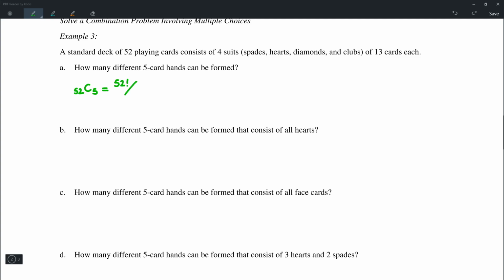So this is 52 choose 5, 52 factorial over 5 factorial times 52 minus 5 factorial. This could be simplified, or we can just use a calculator. Either way, we get 2,598,960 different hands that are possible.